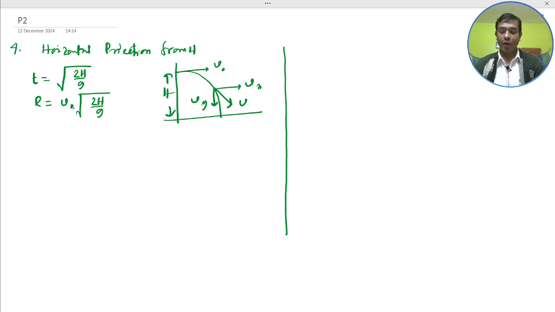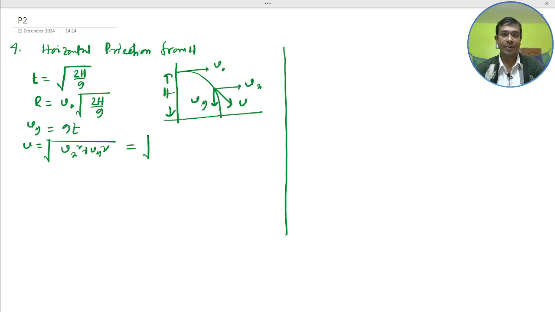Third one, the y component of velocity at time t, vy, is defined as gt. Speed v after time t seconds is the sum of the two components, root of vx square plus vy square, basically v naught square plus gt whole square. And the angle, this angle is phi.